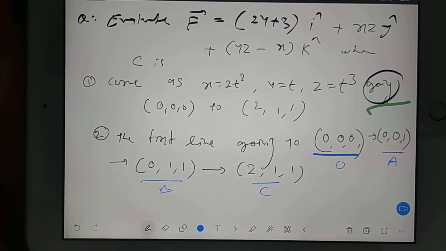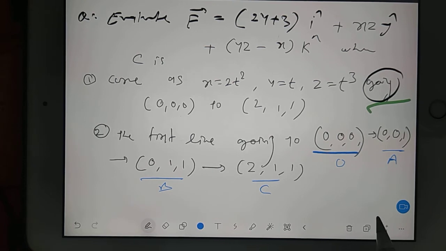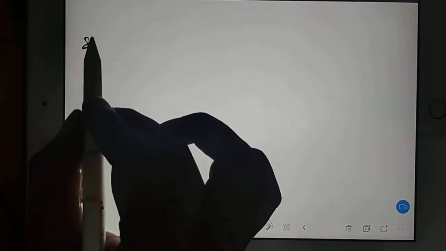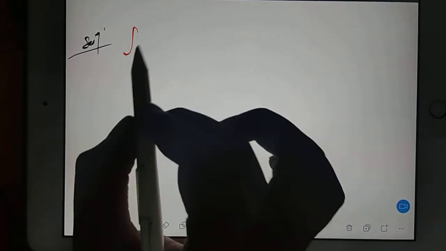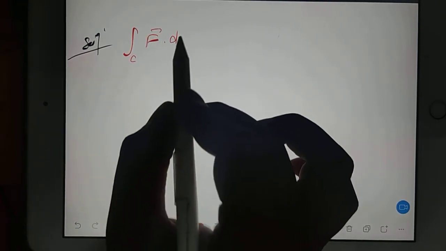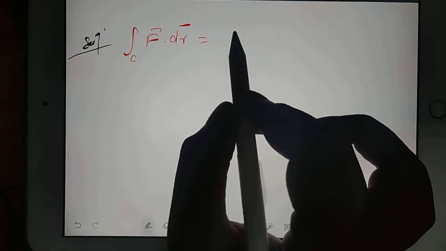And then you will see the question is actually very easy. Okay, now we go for the solution. We know the formula, so you go for the formula, integral over the curve of f dot dr. I am choosing the first one where the curve is given.